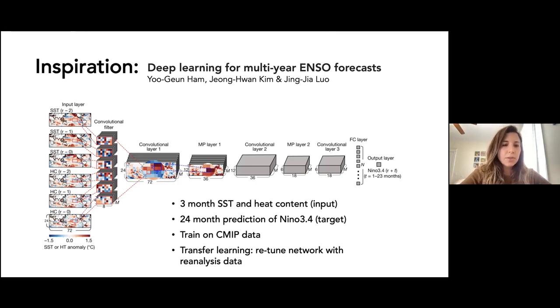But the most important thing for our purposes is that they trained their network on the CMIP cluster data. They have a whole wealth of data coming from the CMIP cluster, and they use that to train the network. And then they use transfer learning, similar to what Pedram introduced earlier this week, to retune the network with reanalysis data. So they're training initially on model data, and then they fine-tune the network using observational data.